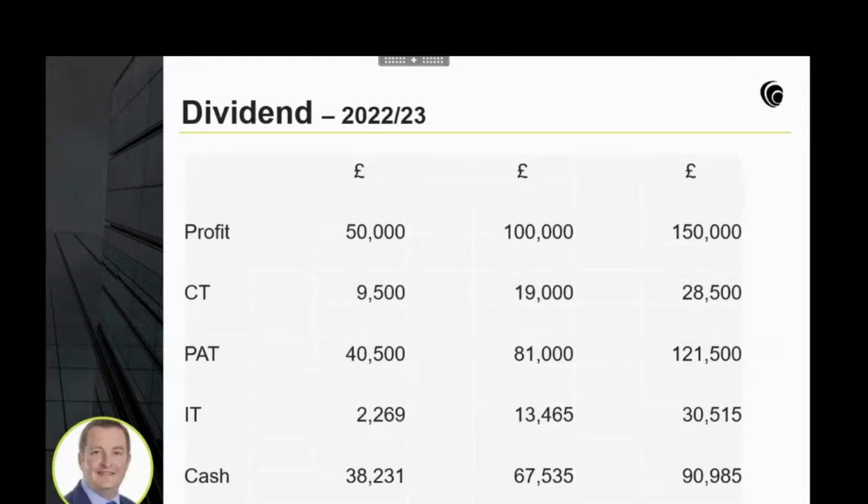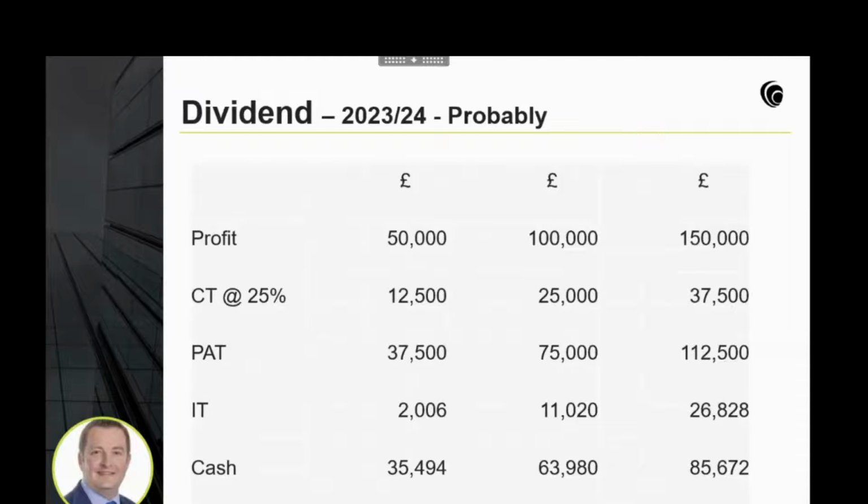However, we then look forward to 2023-24, and the effective rate for dividend income from a company becomes higher when corporation tax increases to 25%, at which time it will become less effective to operate as a company where there's a full extraction policy. Okay, so again, probably something to revisit based on particular circumstances, but hopefully I've got across the key message there in terms of profit extraction.